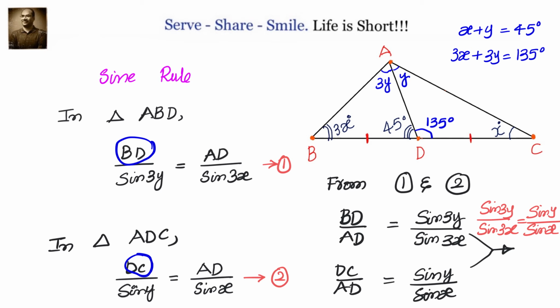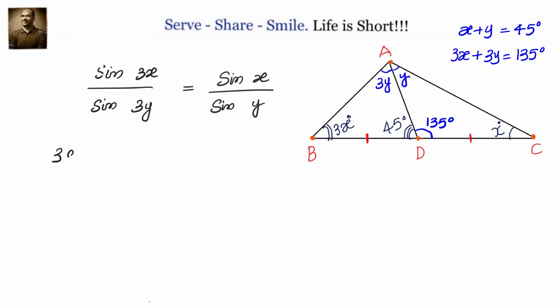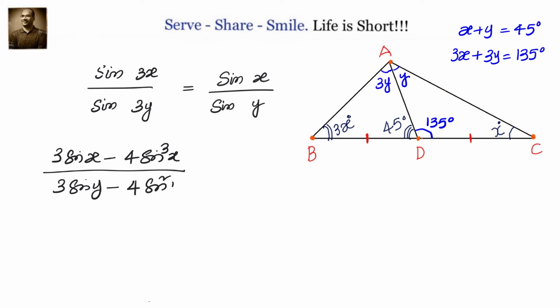Now we can use the formula of sine 3y, that is 3 sine y minus 4 sine cube y. Similarly, sine 3x is 3 sine x minus 4 sine cube x. So 3 sine y minus 4 sine cube y divided by 3 sine x minus 4 sine cube x equals sine y by sine x. We can take sine x common in the left hand side, both numerator and denominator.